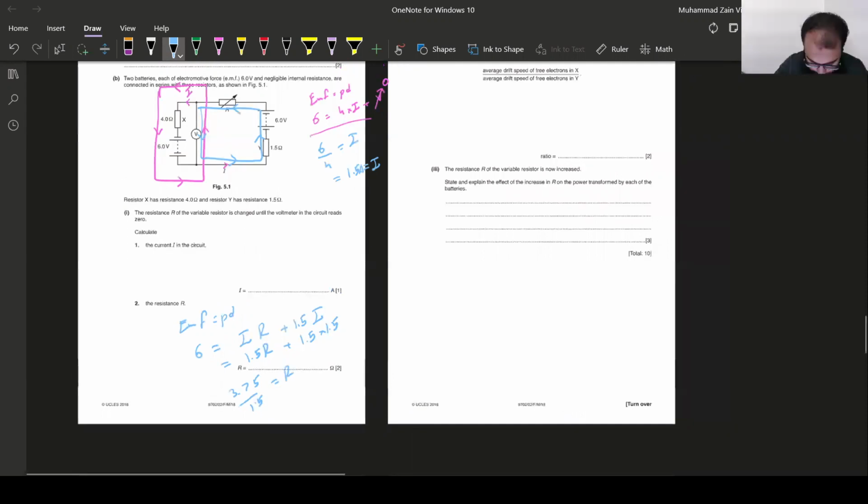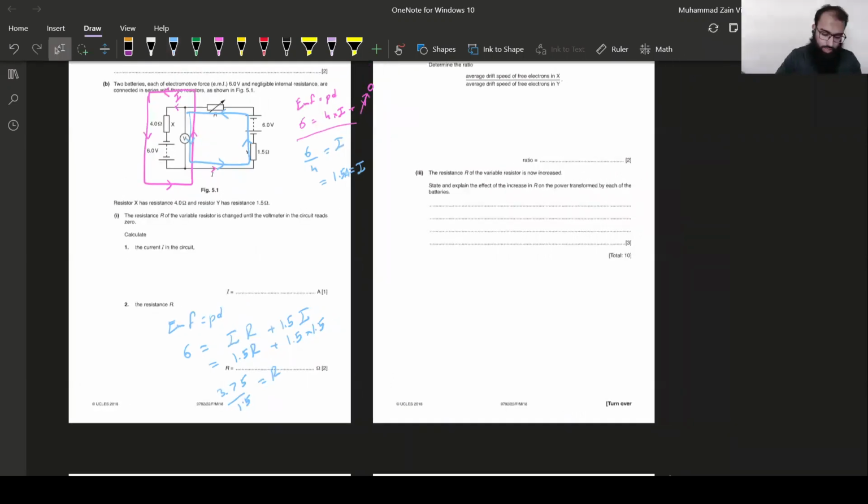Yes, potential difference is equal to IR, na? V equals IR, where V is the potential difference. So this is the formula, and that's all I did. I just applied this formula. So if this is clear.